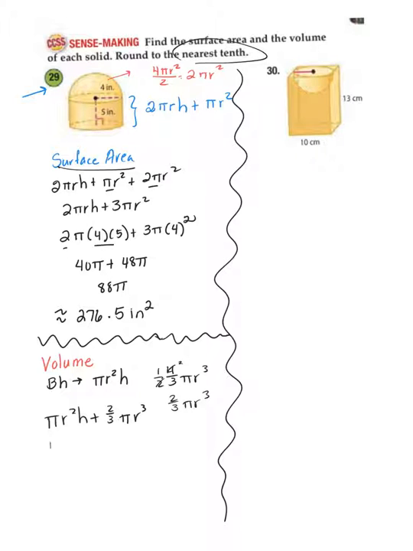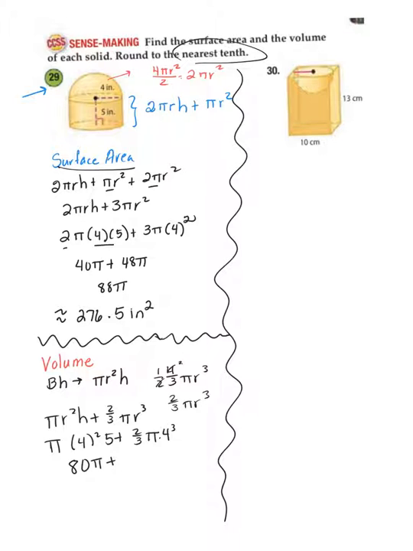So let's plug in what we know. Our radius remains 4 and the height is 5. 2/3 pi, and again r cubed. So we're going to have 16 times 5, which is 80. So I'm going to have 80 pi here. Then over here I'm going to have 4 cubed, which is 64. So 2/3 of 64.